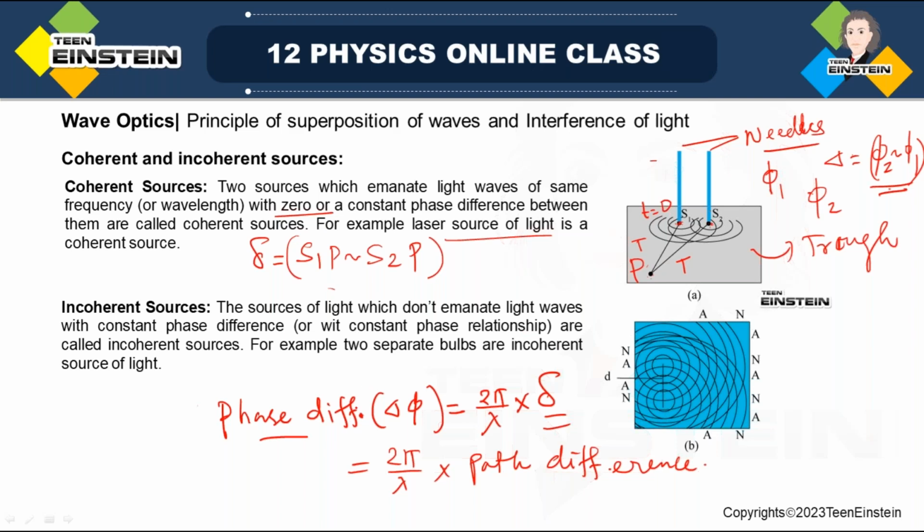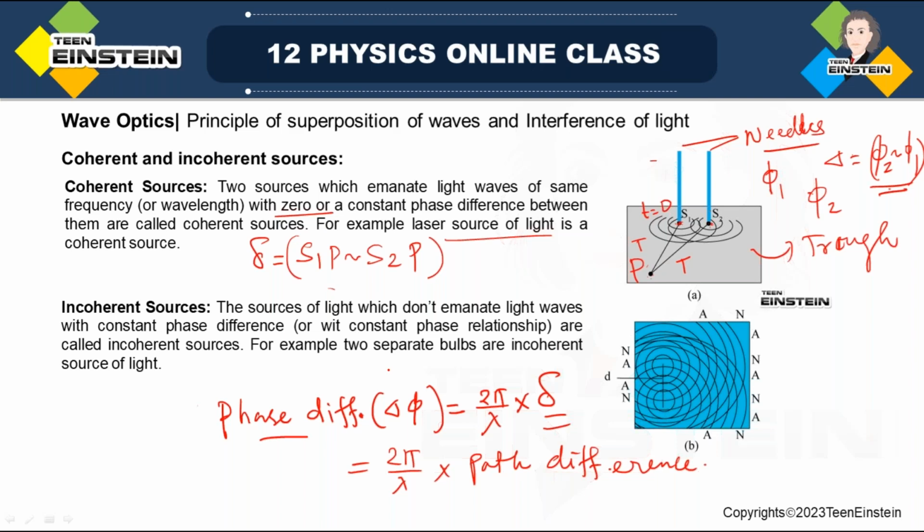Now we'll see how to produce coherent sources. Whatever sources of light you see in nature are naturally incoherent sources. If you keep two bulbs separately and switch them on, the light waves they produce will be incoherent.